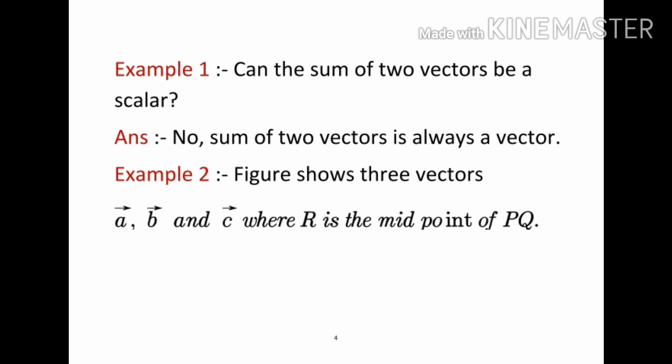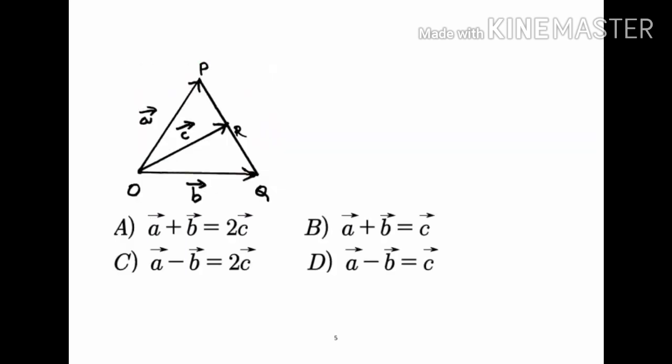Next, based on that parallelogram diagram, we can take one more example. A bar, B bar and C bar are vectors, and R is the midpoint of PQ. Then what is the relation between A bar, B bar and C bar?